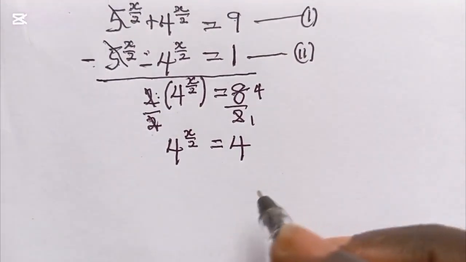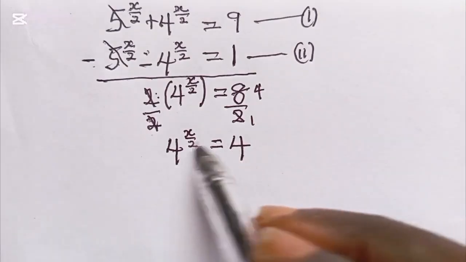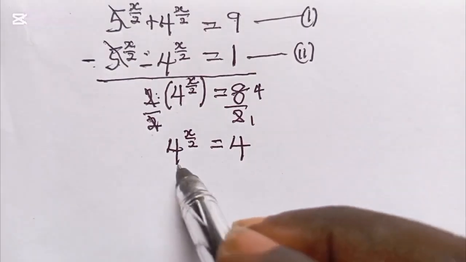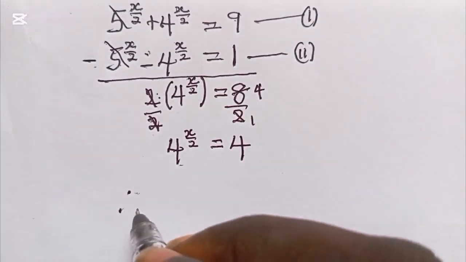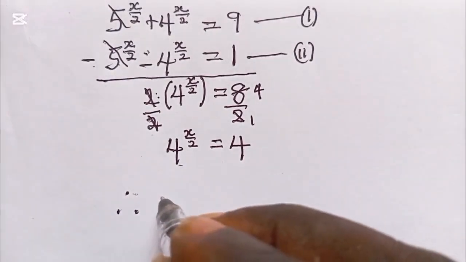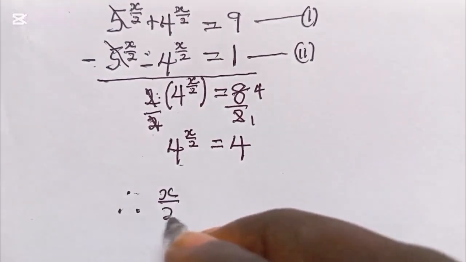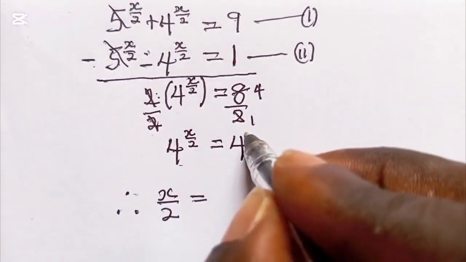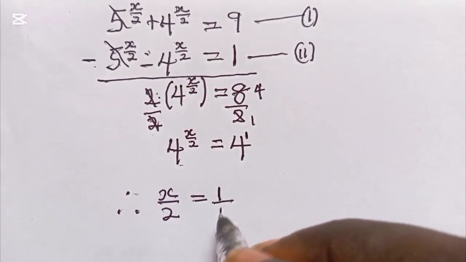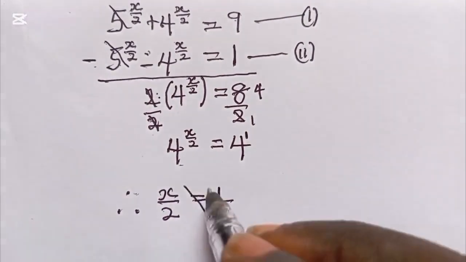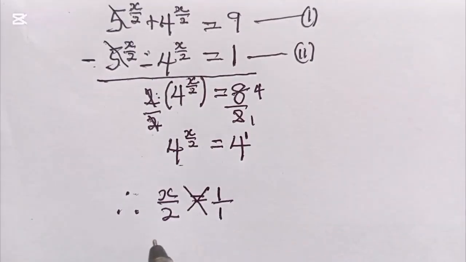What we do next here is to equate the two. Since the bases are equal, the powers should be equal. So therefore, our x divided by 2 is equal to what? Remember that 4 is raised to the power of 1, which is the same thing as 1 divided by 1. Then we cross multiply.